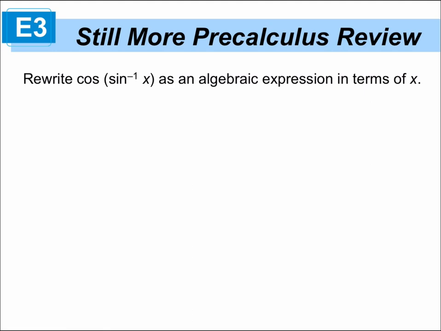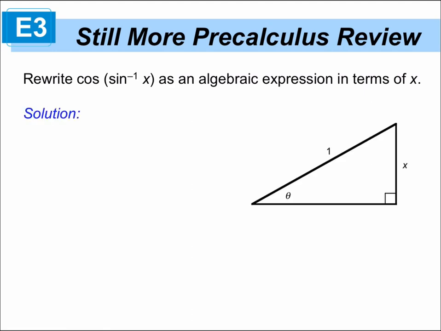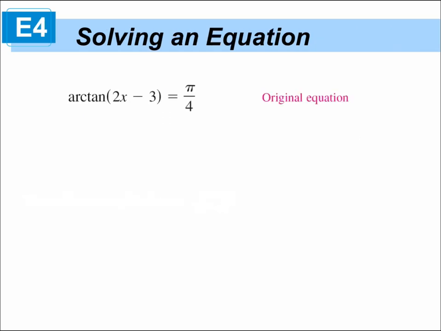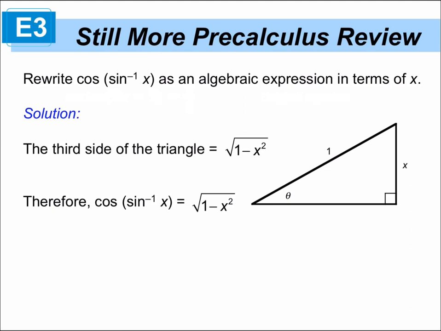X is the same thing as x over 1. Solving for the third side there. Good. And then what's the cosine of that triangle? Well, the cosine of that triangle is adjacent over hypotenuse.